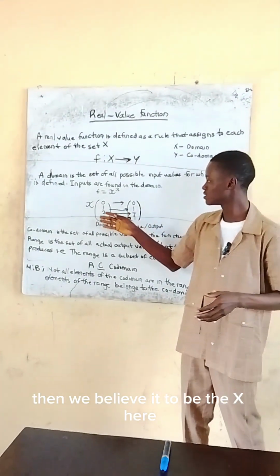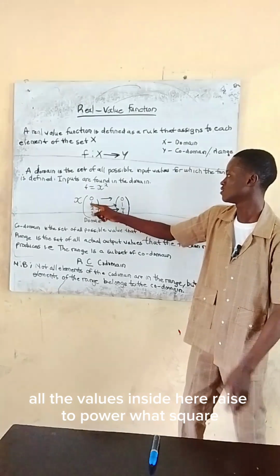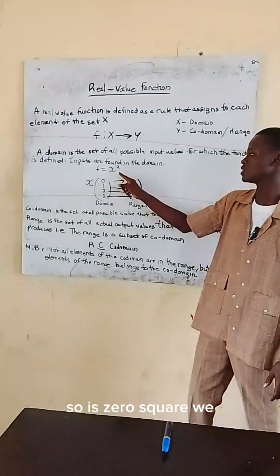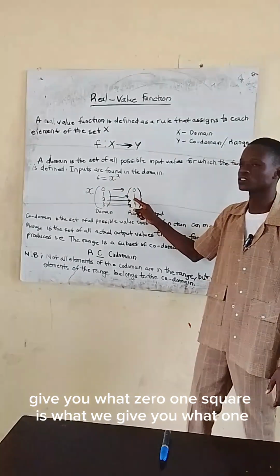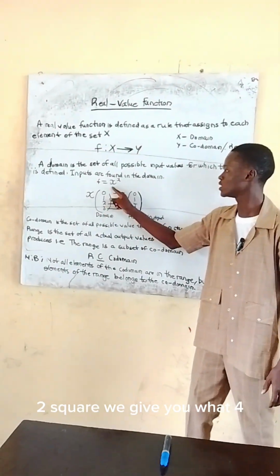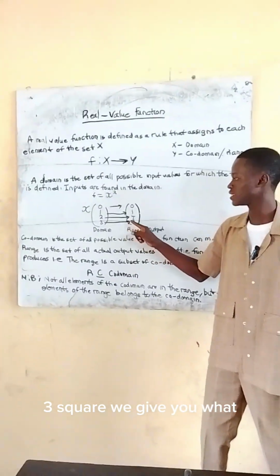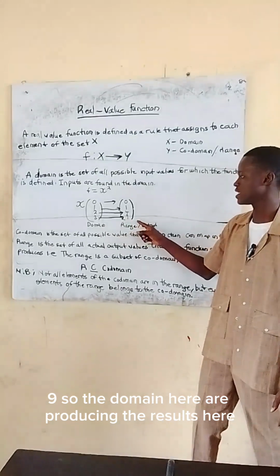Then we believe that x here, all the values inside here, are raised to the power of what? Square. So 0 squared will give you 0. 1 squared will give you 1. 2 squared will give you 4. 3 squared will give you 9. So the domain here is producing the result here.